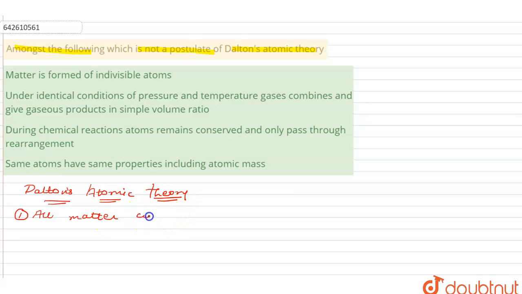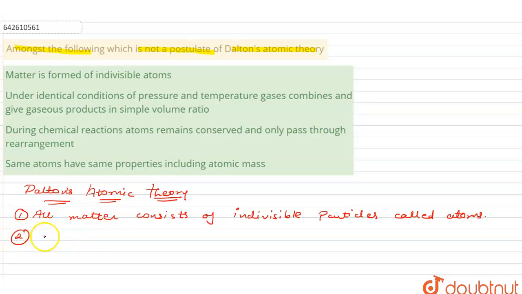Now the very first postulate says that all matter consists of indivisible particles called atoms. Number one postulate is this. Now what about number two postulate?